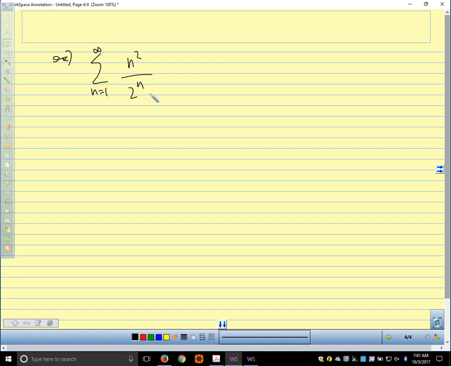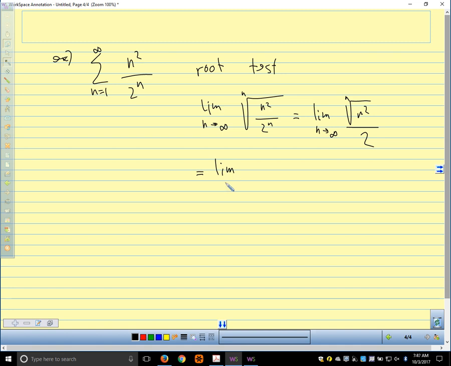So let's look at an example. We have n squared over 2 to the n. We could use a ratio test. Well, let's use the root test because we can. The limit as n approaches infinity, we're looking at the nth root of n squared over 2 to the n. And this is just the limit as n approaches infinity of the nth root of n squared over 2. And I'm going to rewrite this. This is why this one's fun, because we get to remember some properties of roots.